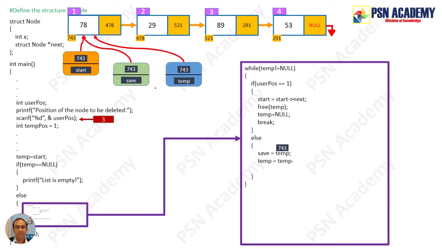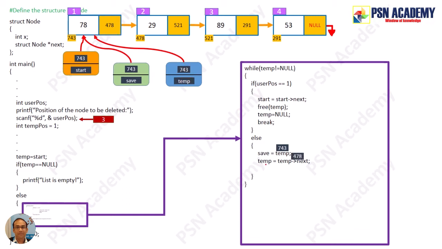Next, you write temp equal to temp next. Now, what is temp next? Temp next is 478. That means this node. So temp should be updated with the value 478 here in place of 743 so that it can point to the node at 478.